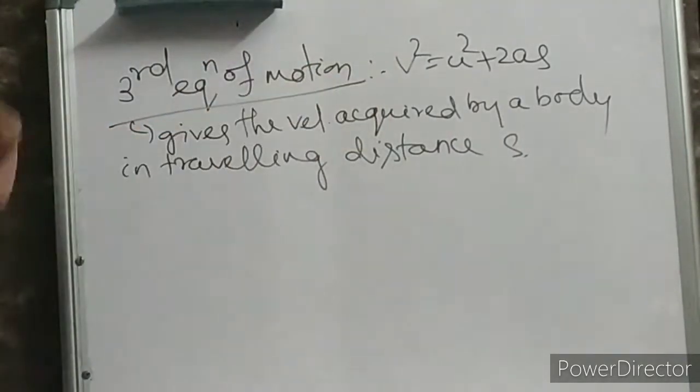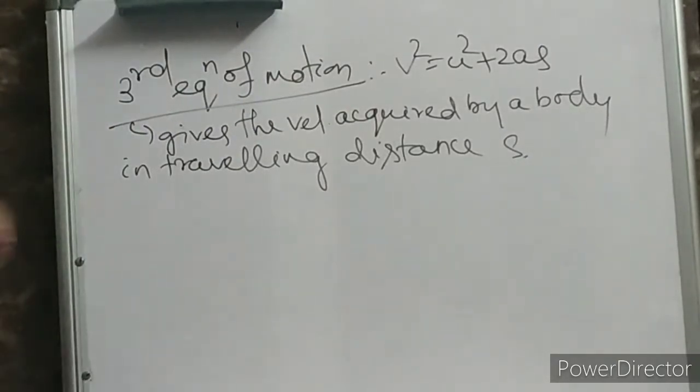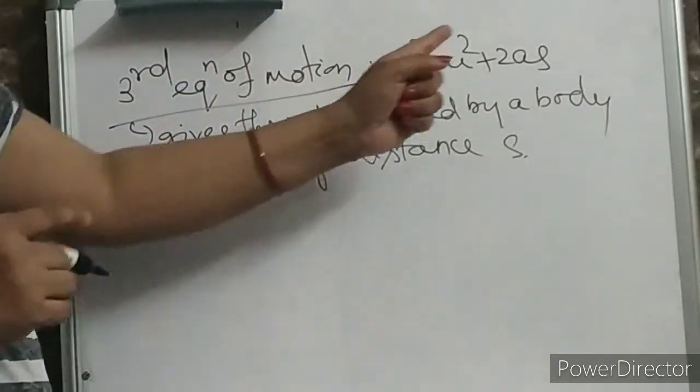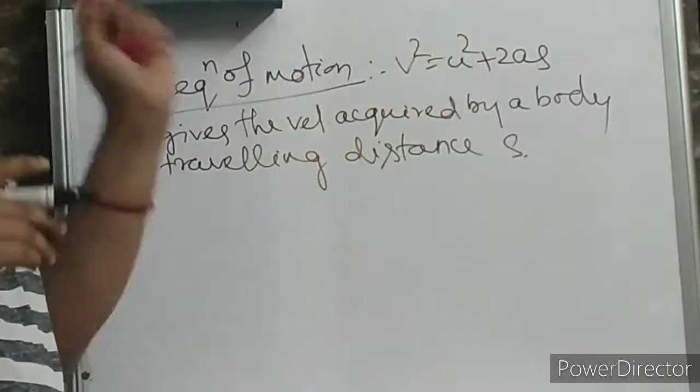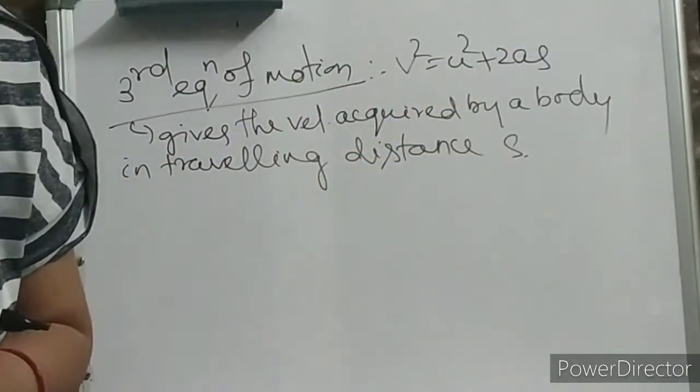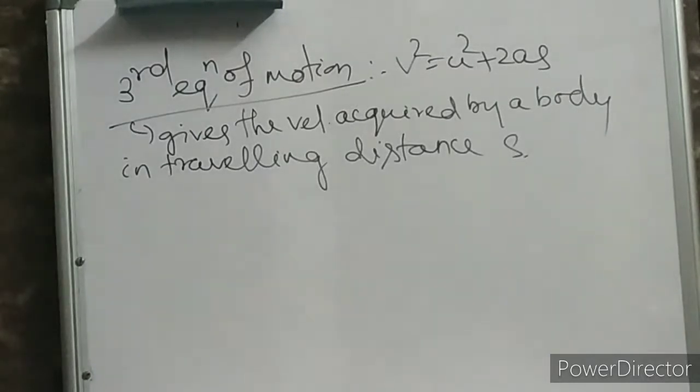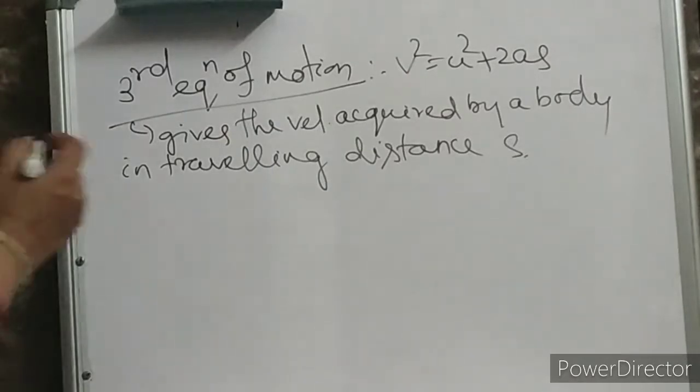What is V? Already we have discussed in the last lecture. V is final velocity, U is initial velocity, A is acceleration, S is the distance travelled and T is the time taken. To prove this we are going to use both equations. What is our first equation?